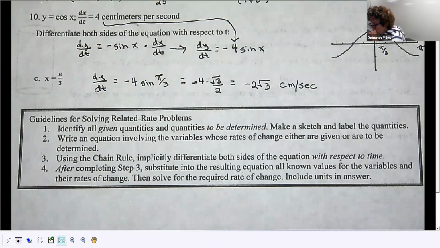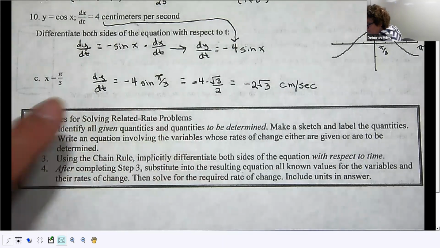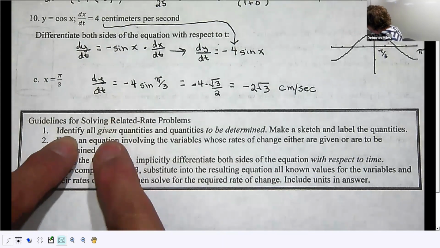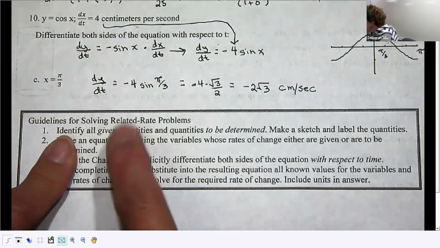So these 4 steps you need to use on every single word problem in section 3.7 or any related rates problem. It's all about using the correct symbols for the quantities being talked about. So step 1 is to identify all quantities that are given.